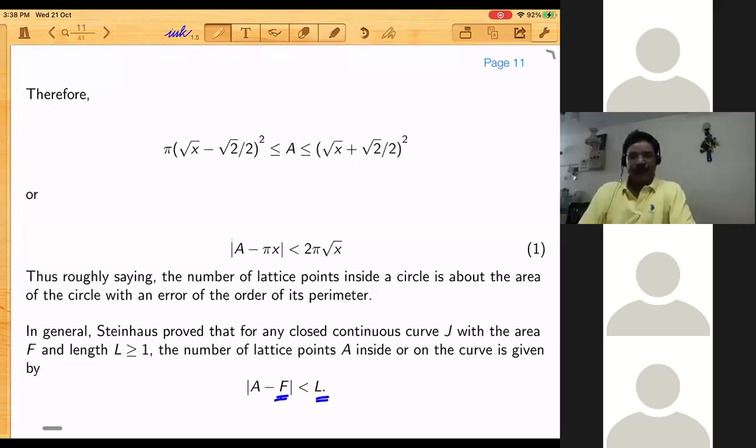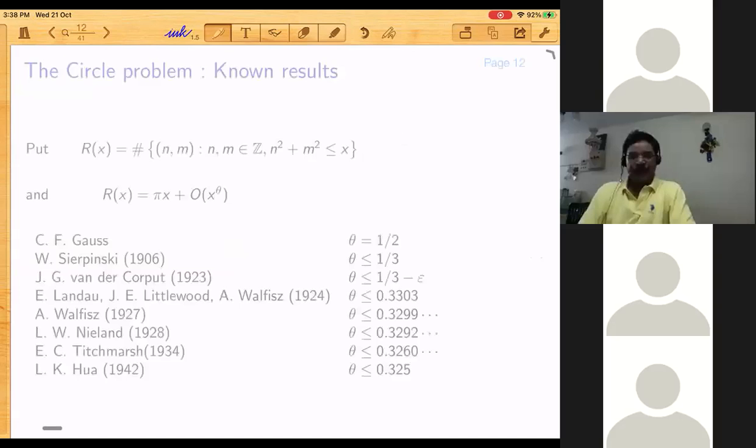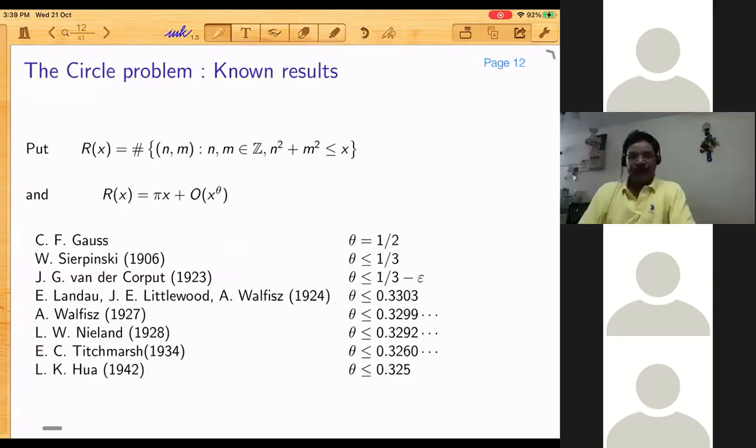Now, if you want a better approximation, that means better error terms, which is what one does in analytic number theory, then the following is known. As x tends to infinity, we want to count the number of lattice points inside the circle with n square plus m square less than or equal to x.